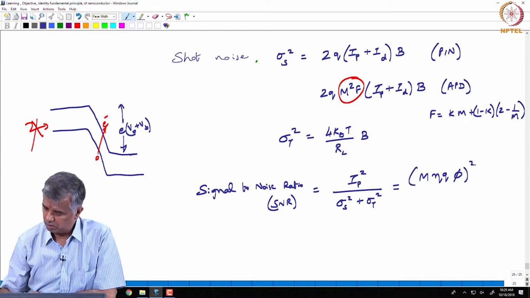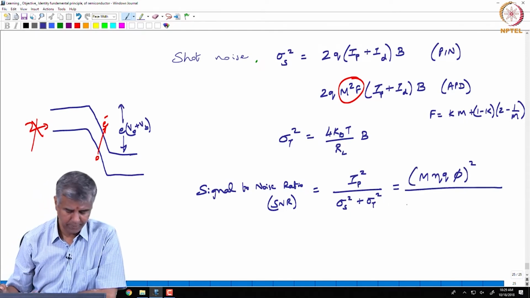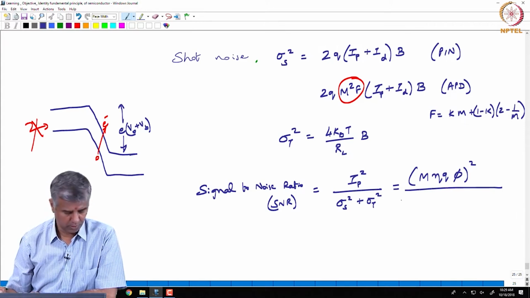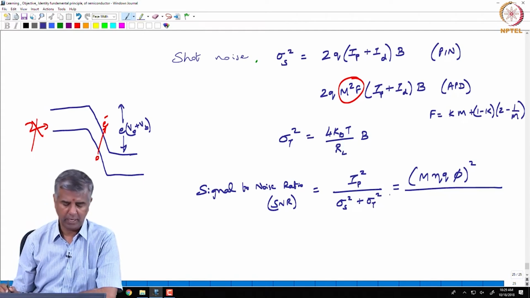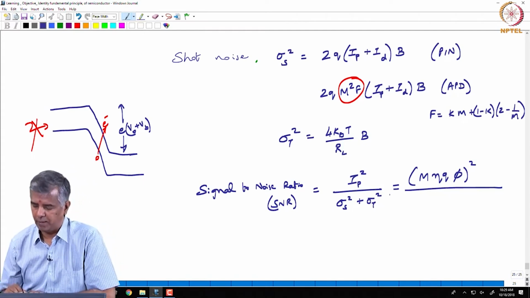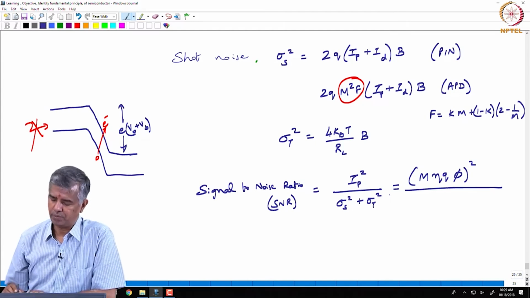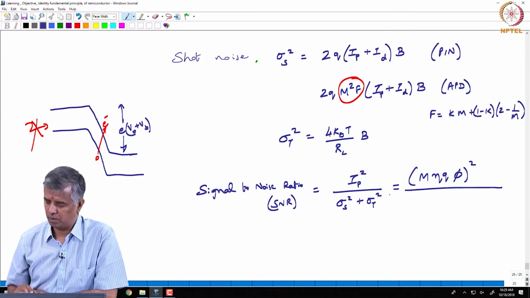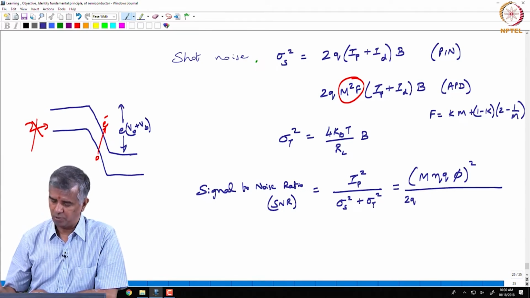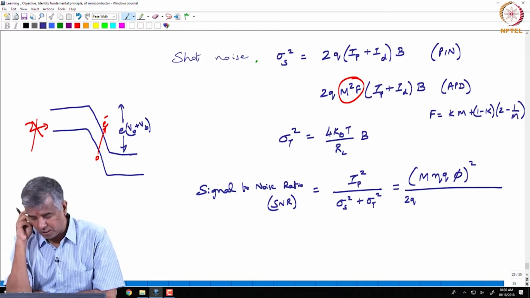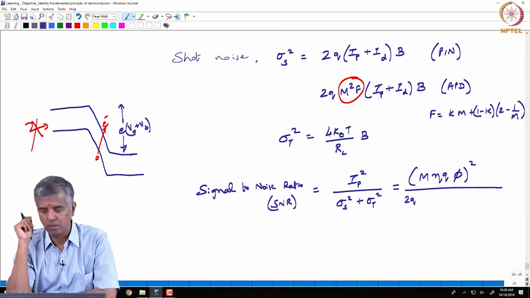So, this whole square divided by 2q multiplied by I_P. Let us actually neglect I_D, because I_D tends to be a relatively small number. So, we will neglect that for simplicity, and then you have 2q multiplied by once again I_P, which corresponds to that term in the numerator.